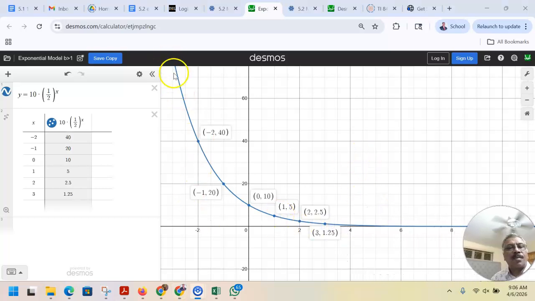So there is exponential decay here. Every time, 50% decreases. From 40, it became 20, so now half of it, see? So the output decreases by half of whatever the previous one was. That means a 50% drop.